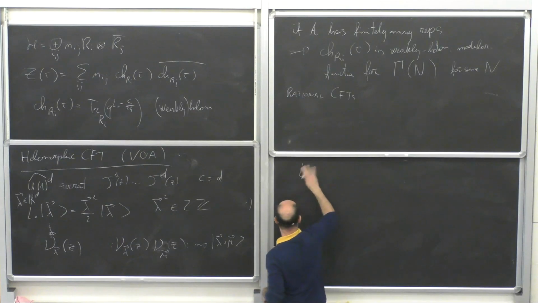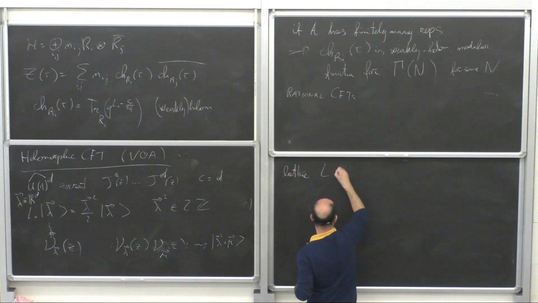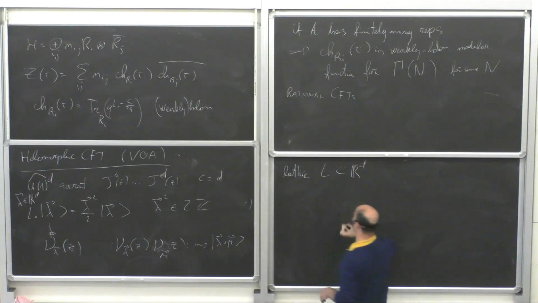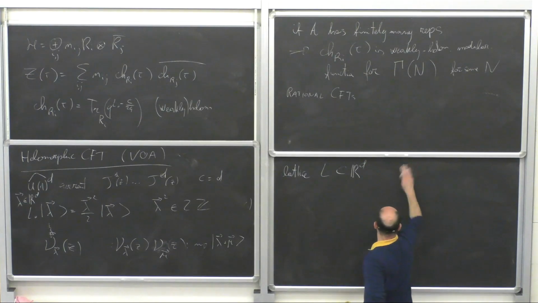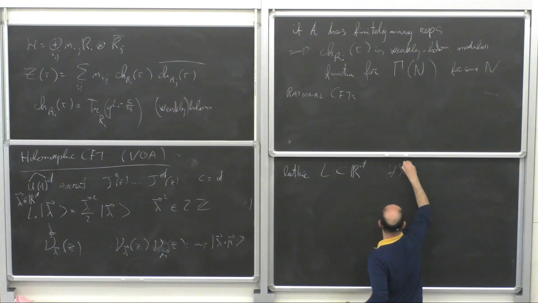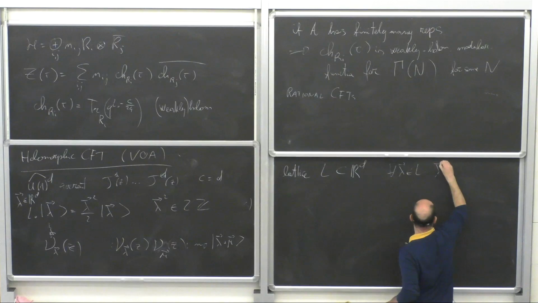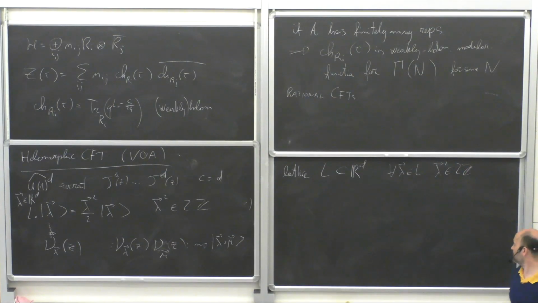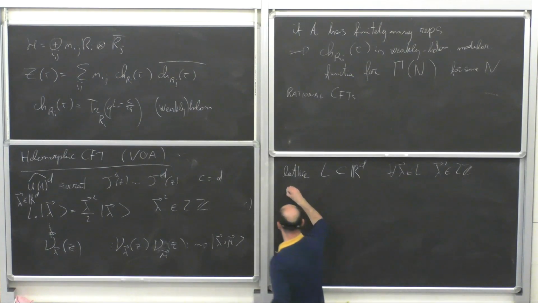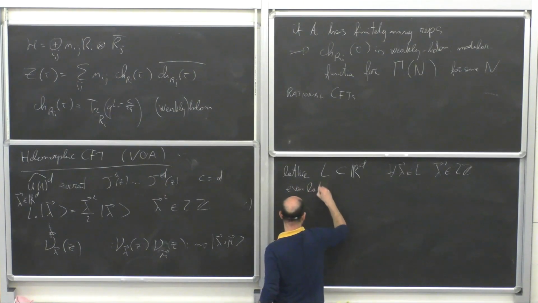You must have a lattice L in your D-dimensional space, and this lattice must be such that every lambda squares to an even number. These are called even lattices.